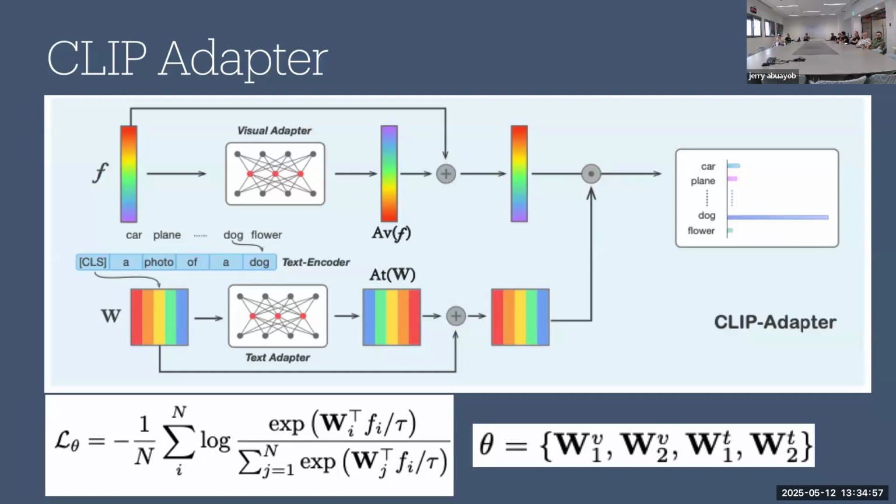During training, the weights of the adapters are optimized with the contrastive loss following the original CLIP, where the W's are the MLP weights and N is the batch size. So we have 4 learnable matrices basically. And let's not forget about the residual connection ratio.